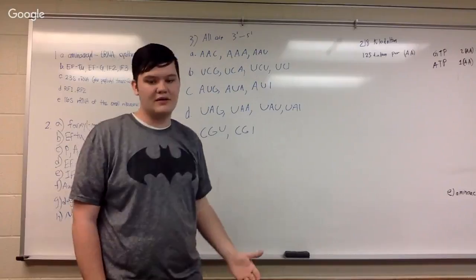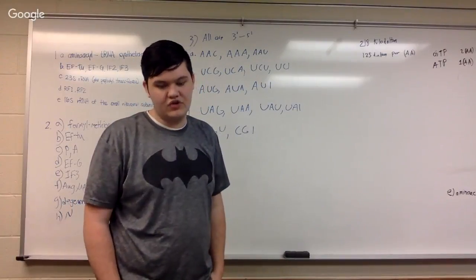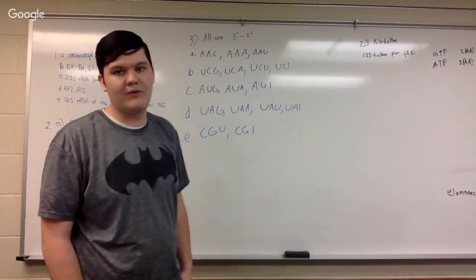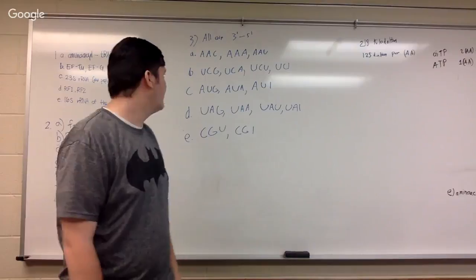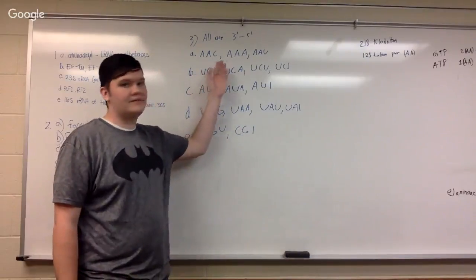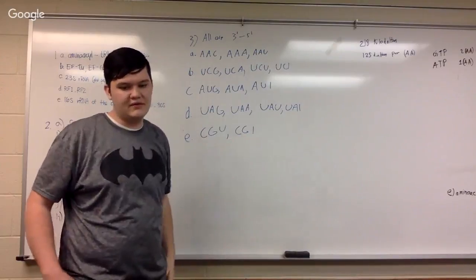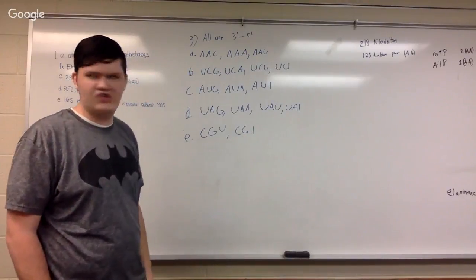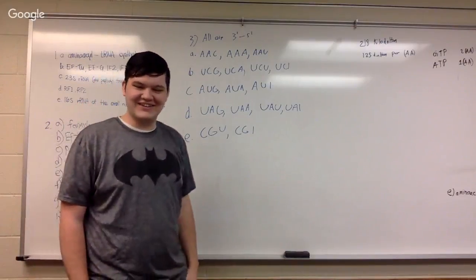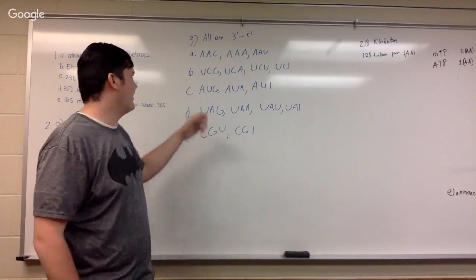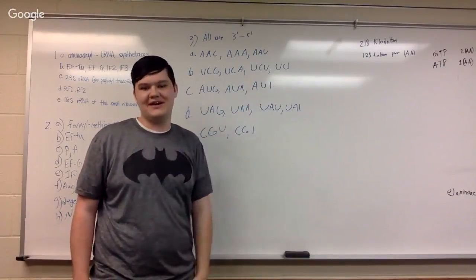And then following, well, let's just, A says 5' UUG 3'. So following the wobble rule that is outlined in the table in our notes, for A we get AAC, AAA, and AAU. B, the anticodons for AGU are UCG, UCA, UCU, and UCI.